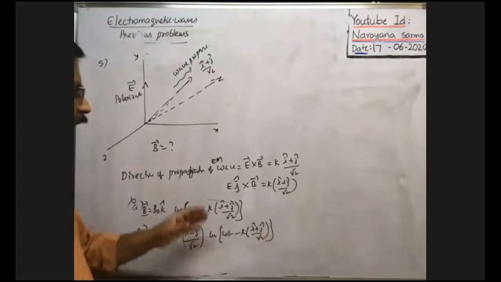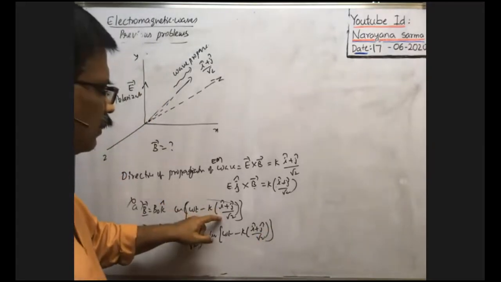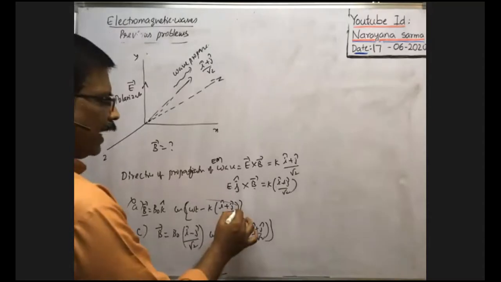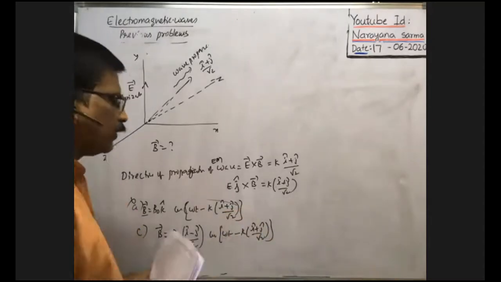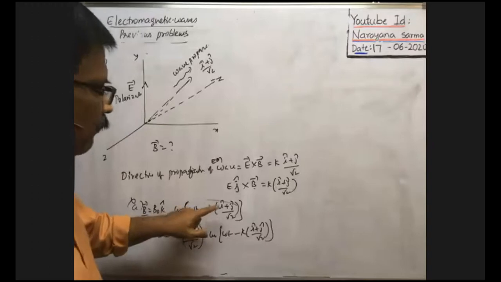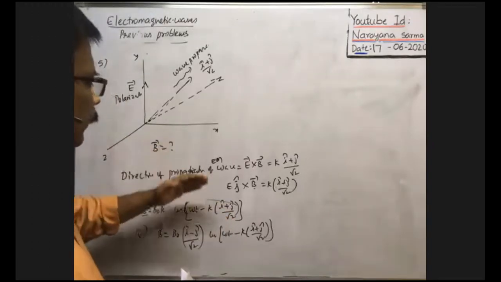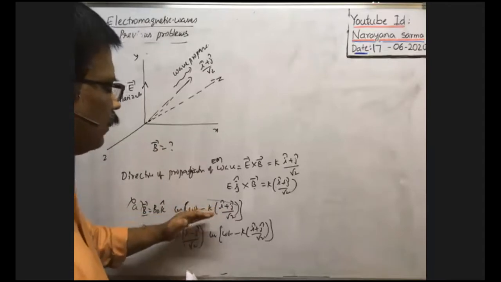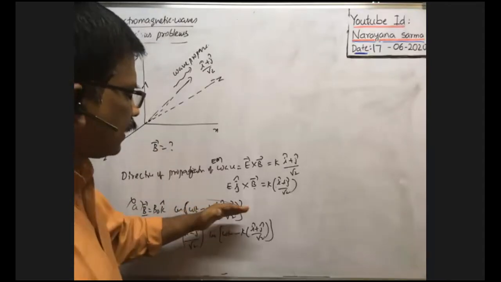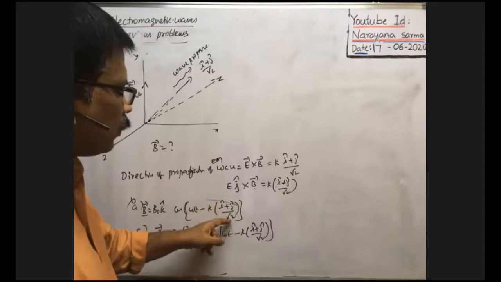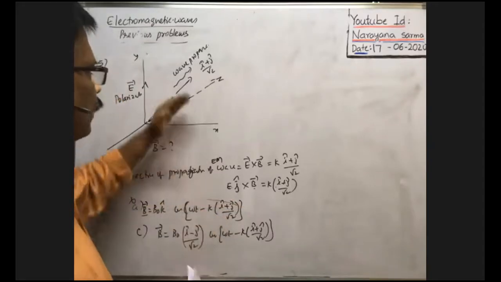No doubt, in every term, instead of x, of course here actually r must be given. Instead of x, (i cap plus j cap)/root 2 is given, meaning the direction of propagation of the wave is, if it is x, then the wave travels along positive x axis. If it is (i cap plus j cap)/root 2, the wave travels along this direction.